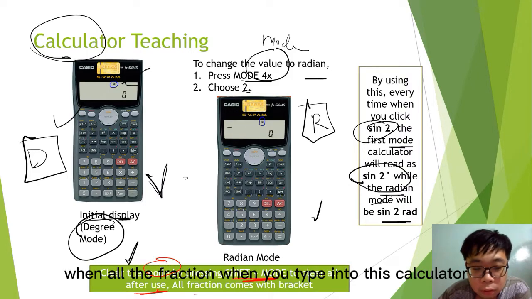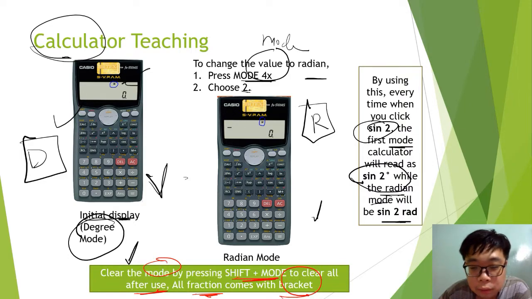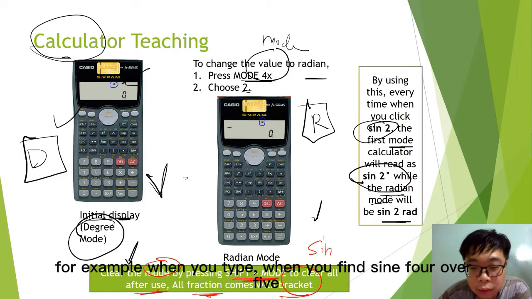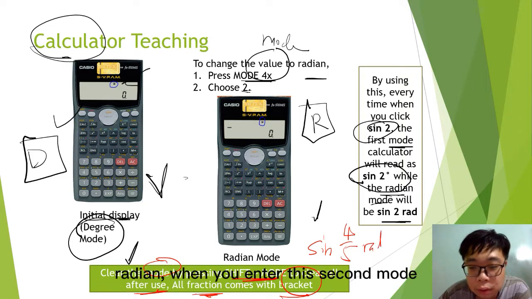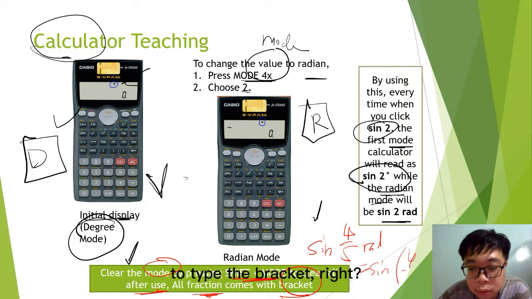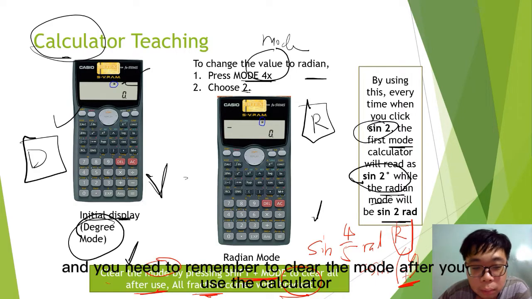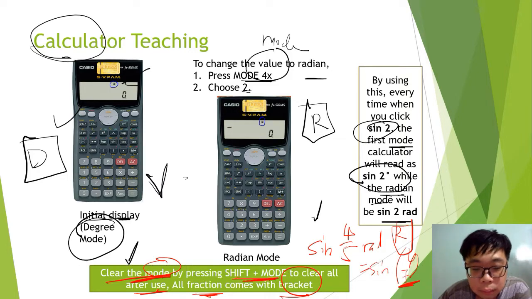When you type fractions into this calculator, you should use a bracket. For example, when you find sine 4 over 5 radian in the second mode, you should always remember to use sine bracket 4 over 5 when you are using the radian mode. And remember to clear the mode after you use the calculator.